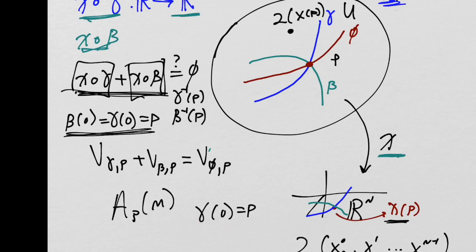This curve would not be parameterized such that its 0 value would be at P. So this curve's no good. This curve's not really in this set. So just adding the coordinates of the curves together to create the coordinates of a new curve isn't going to work. And actually, I shouldn't write phi there, right? I should write x after psi.